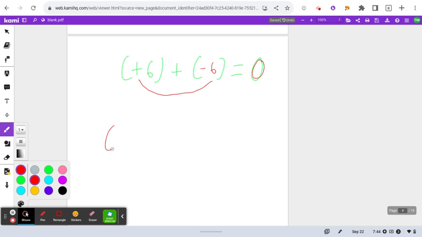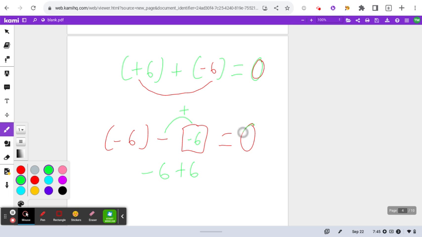If you had a different one, like negative 6 minus something to get 0, now in this case, you'd want to put a negative 6 here again on the inside. Because remember, subtracting a negative turns into a positive. Negative 6 plus 6 does equal 0.